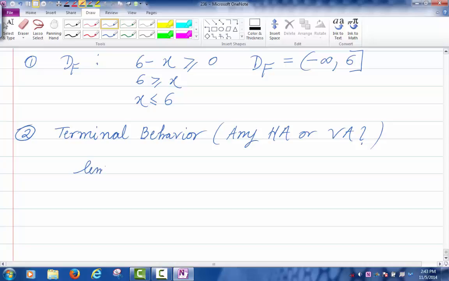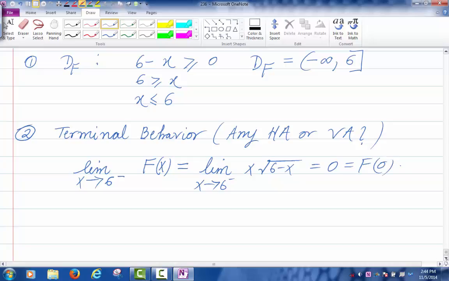What's the limit as x goes to 6? Remember, the function is undefined on the right side of 6. So as x goes to 6 from the left, what can I say about the value of the function? It is the limit of x times root of 6 minus x as x goes to 6, and that's exactly the same as 0, which is the same as the value of the function at 6.